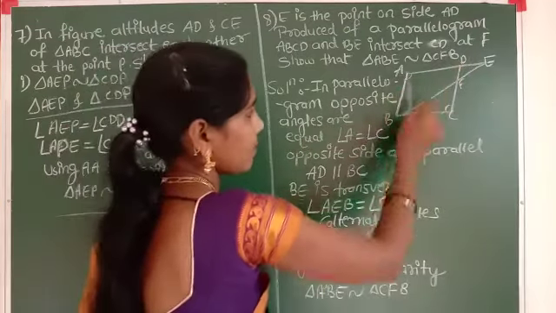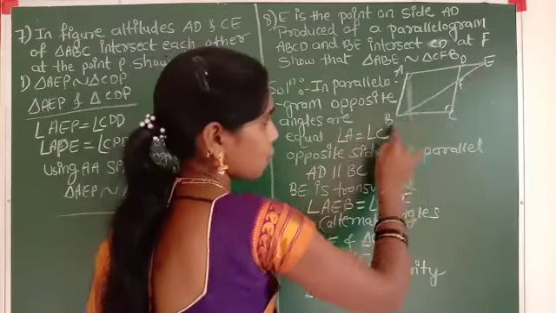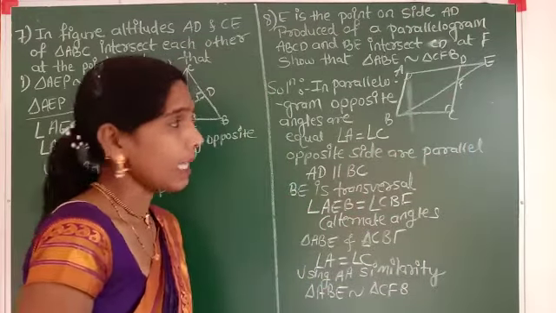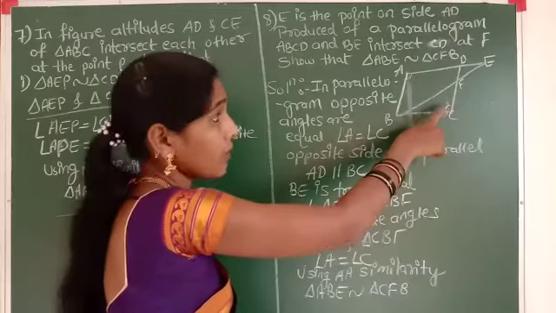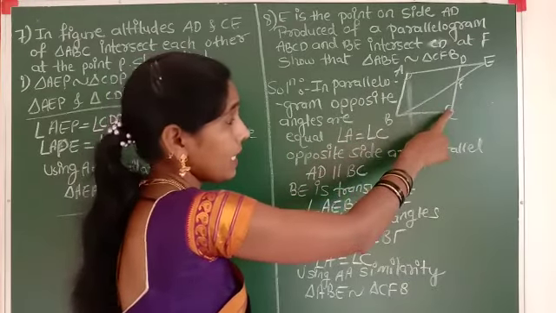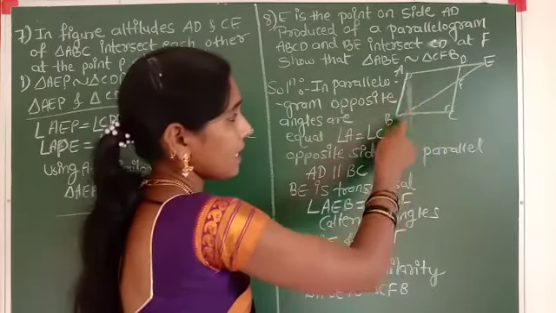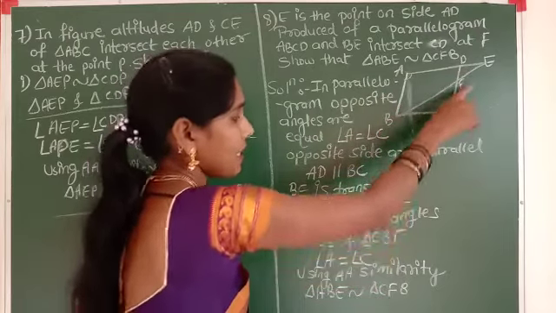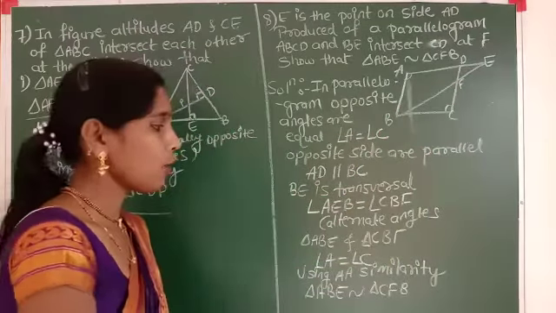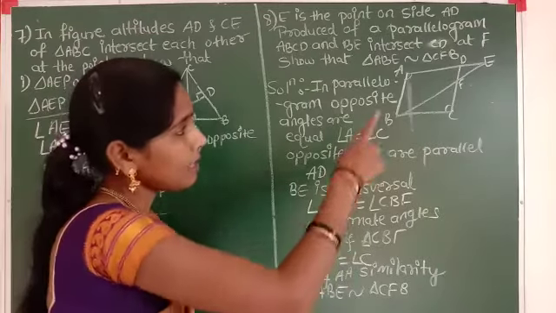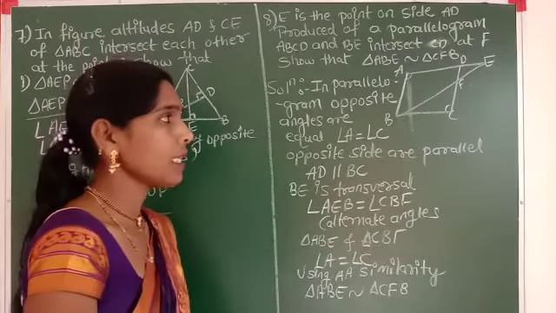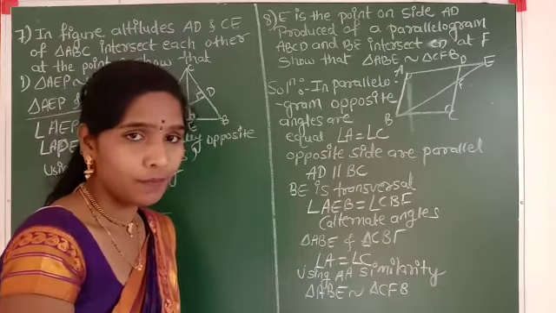This AD is parallel to BC, which means AE is also parallel to BC, and opposite angles of a parallelogram are equal. Angle A is equal to angle C and AEB is equal to CBF as alternate angles. Using AA similarity, triangle ABE is similar to triangle CFB.